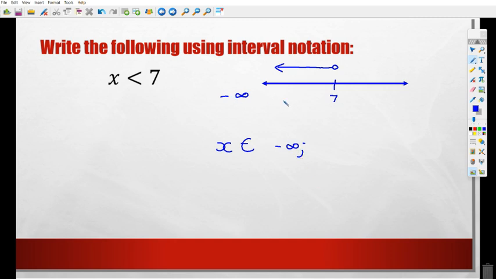Makes sense. And the biggest one is 7. Then am I including 7? No, I'm not. Am I including negative infinity? No, I'm never going to get there. I'm never going to get to infinity. It's always going to go on and on and on. So I'm also not going to include negative infinity. Let's see if we can do the next one.